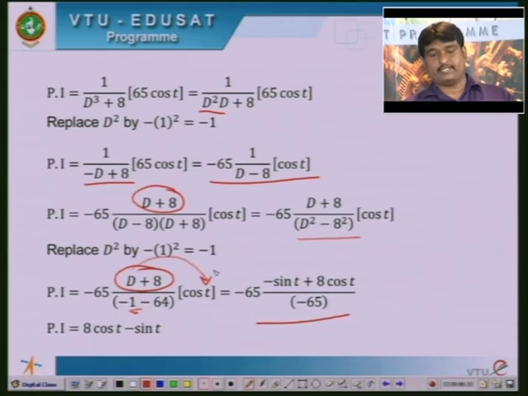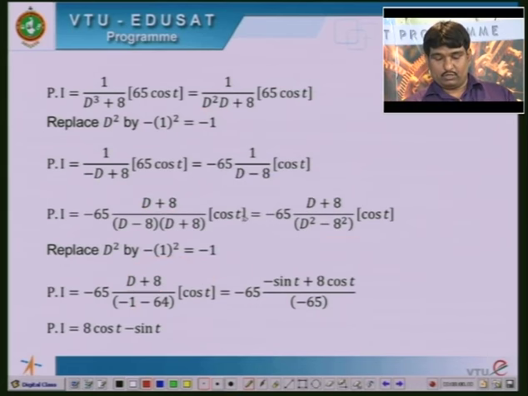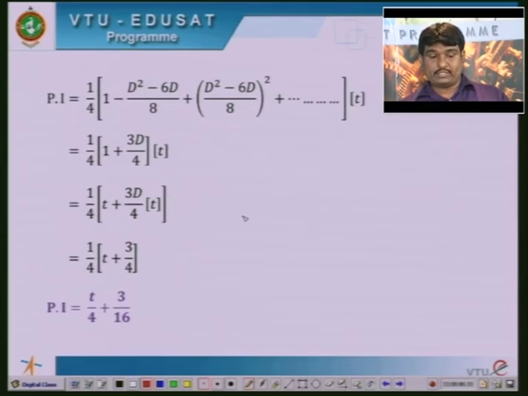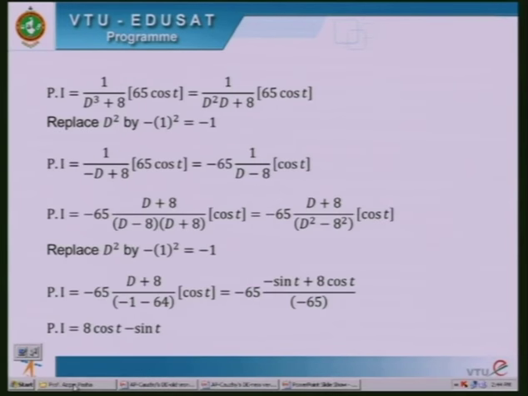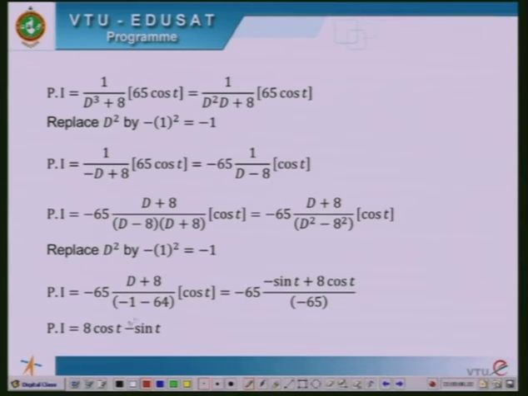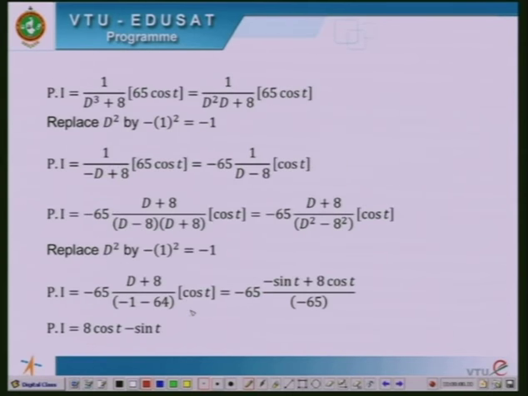The derivative of cos t is minus sin t, and then 8 into cos t, over minus 65. Pi is 8 cos t minus sin t. This is pi, and the solution is y equals CF plus pi.